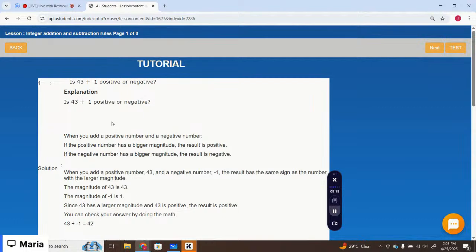And if the negative number has a bigger magnitude, the result is negative. So 43 is a bigger number that has a positive sign. That means the answer must be positive. You have to subtract, 43 minus 1 equals 42. That would be positive.